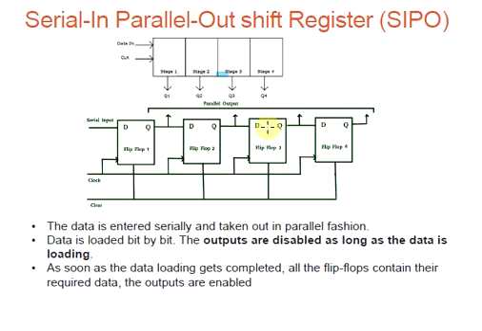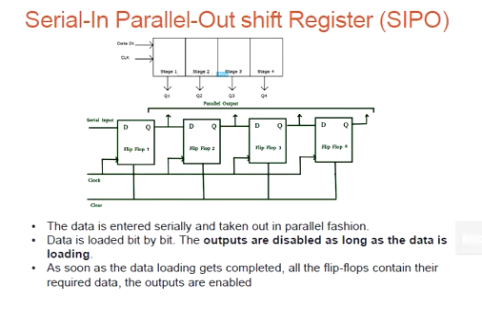Once the loading is completed the output will be enabled, so that you can get all the outputs at a time, at this point, this point, this point, and this point. Here there is also a clear signal, so whenever one particular operation is completed, you can clear all these 4 flip-flops.